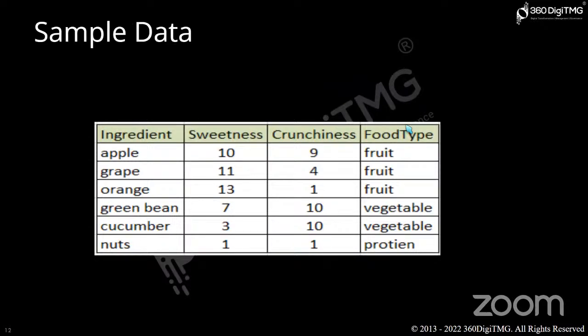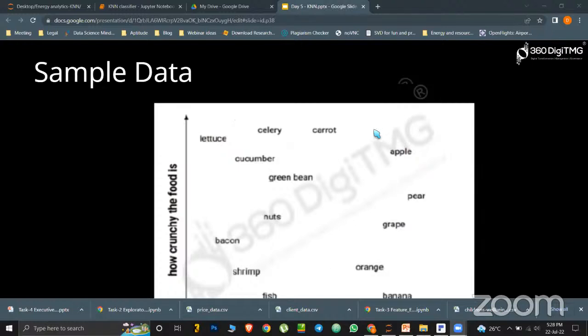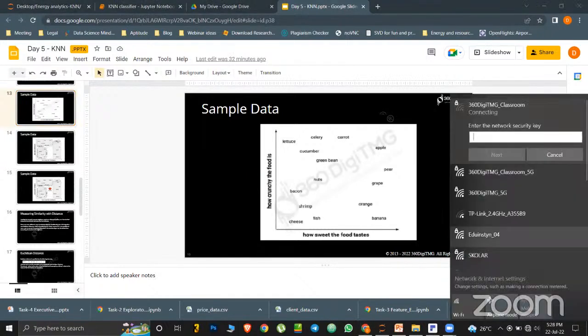We have green beans, cucumber, nuts. So this data we are plotting like this.